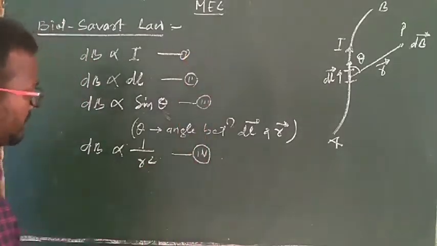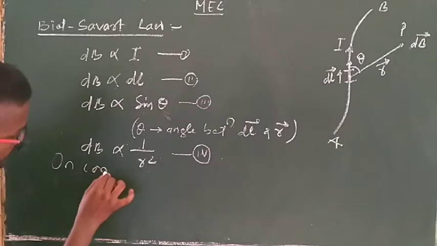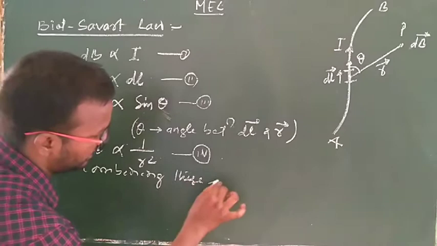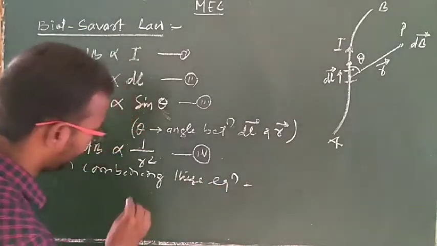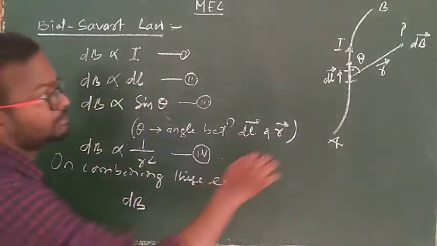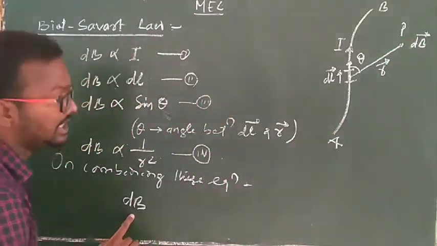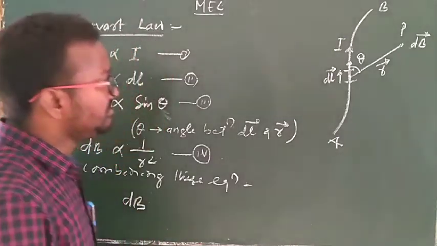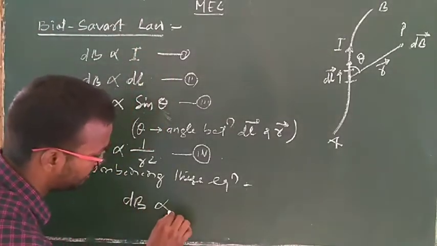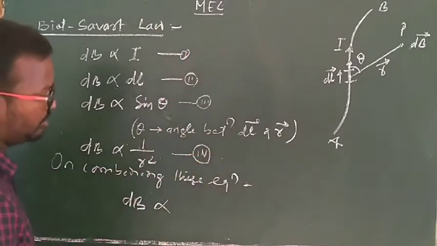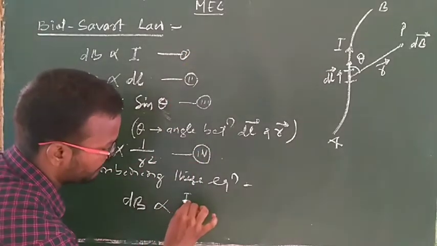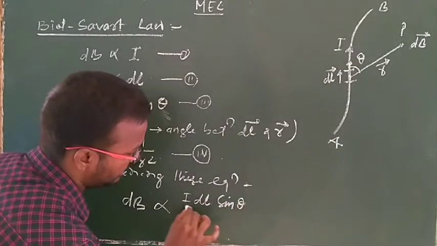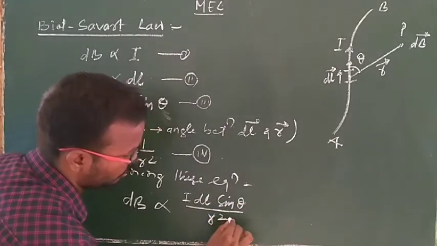On combining these equations, we can write the magnetic field at point P, that is dB, due to small element dl. If you combine these four equations, dB is directly proportional to I dl sin theta by r square.